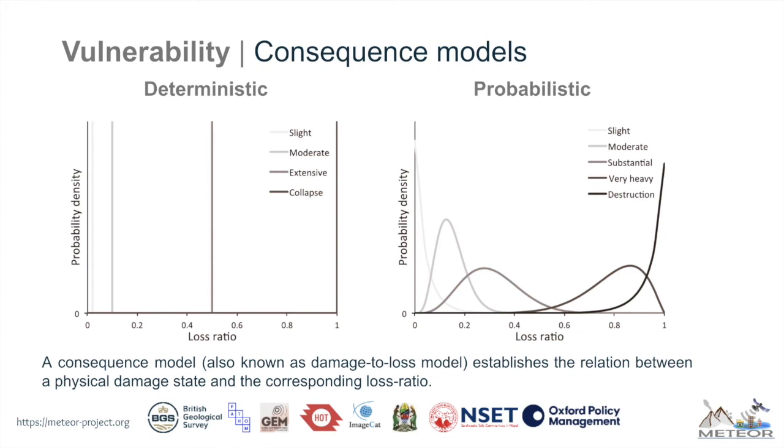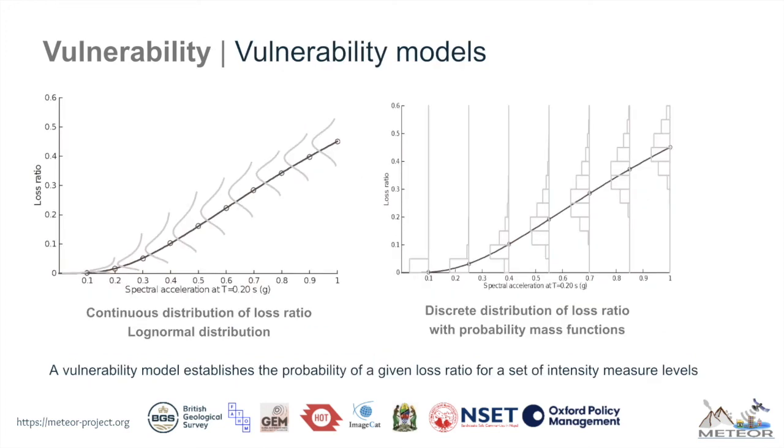We might specify consequence models for each level of damage by means of the expected value, such as in the graph on the left, or with its corresponding continuous distribution, as in the graph on the right. Consequence models, such as shown on the previous slide, can be combined with fragility models to produce vulnerability models.